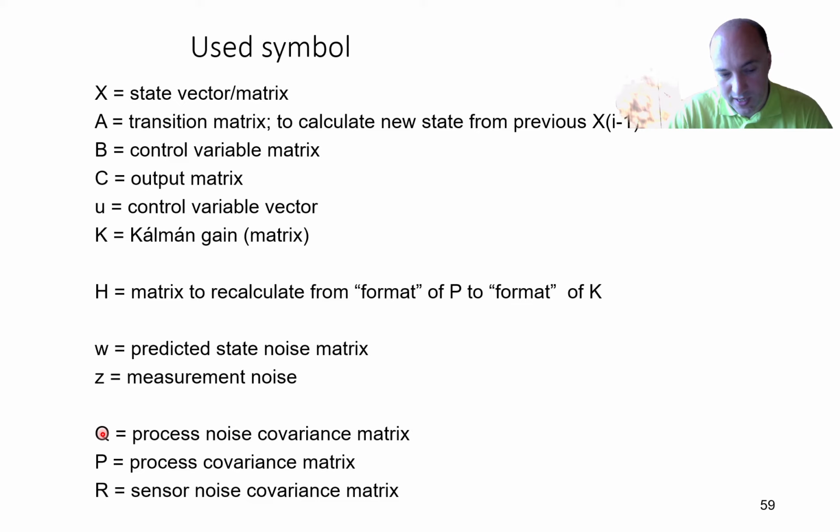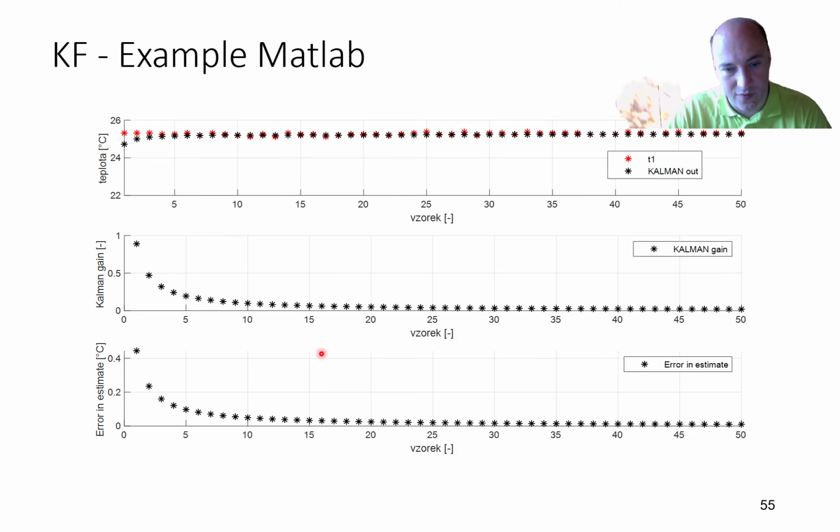So by tuning the value of the matrix Q, we can give the filter a kind of push, so that it will not always trust the model, and for example, this will not happen. Here for this single variable I did not have this matrix Q, so as the number of samples increased, it grew more and more confident in the calculation, and it did not take into account the new samples, because here the signal is not changing.